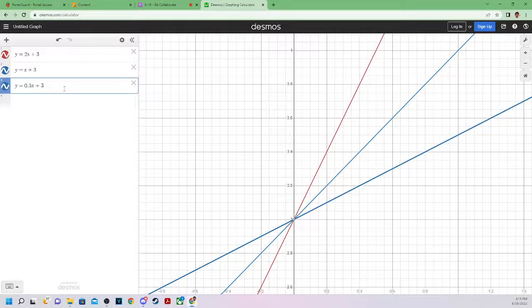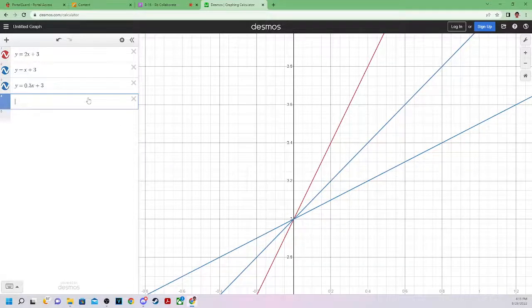0.5x plus 3. Oh, wait, that's super close. So it looks like it's almost there. However, if we now change it to, I need to change these colors. Let's do purple. Boom. It's very close. It made an X, but it's almost there to a perfect plus sign. It's almost perpendicular.